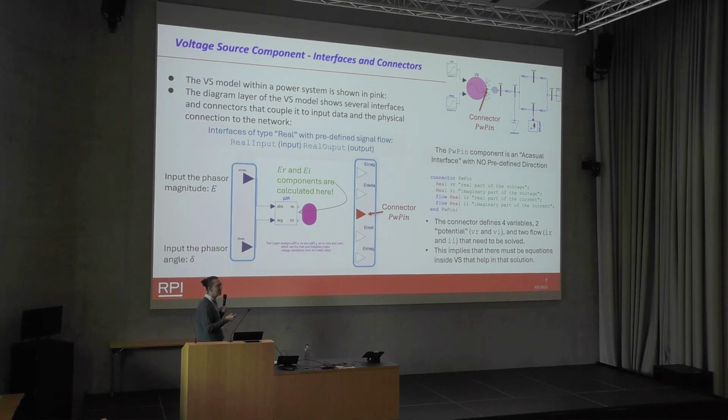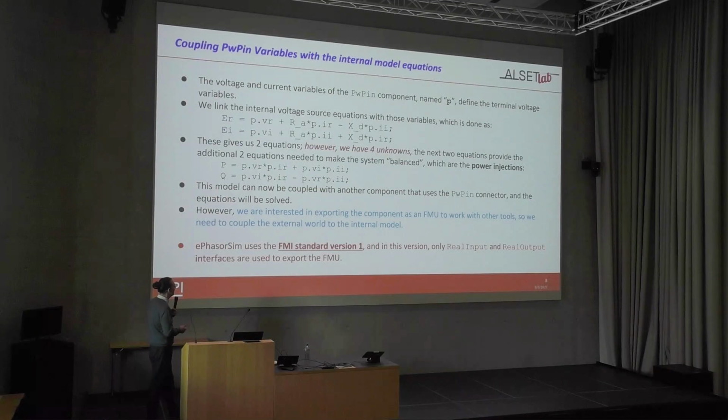I have the same variables, so there was not much to do, but you have to do it correctly because of the sign conventions that they have used with the pin. So I have the Modelica convention that all the currents come in, and they have a convention for the currents that is pushing out. That is the power system convention. So that had to be fixed.